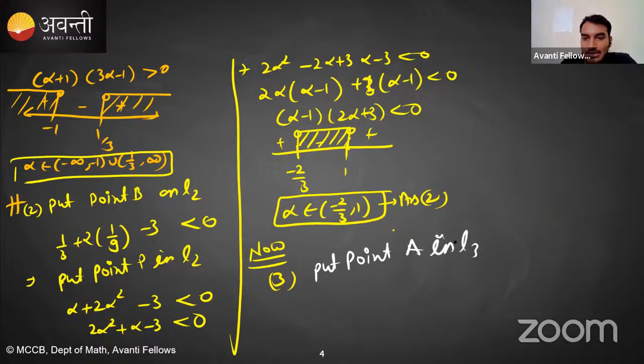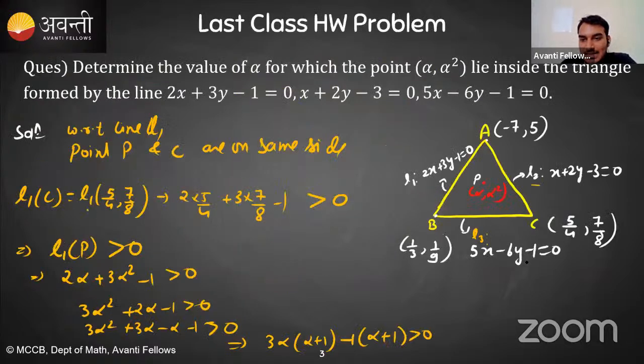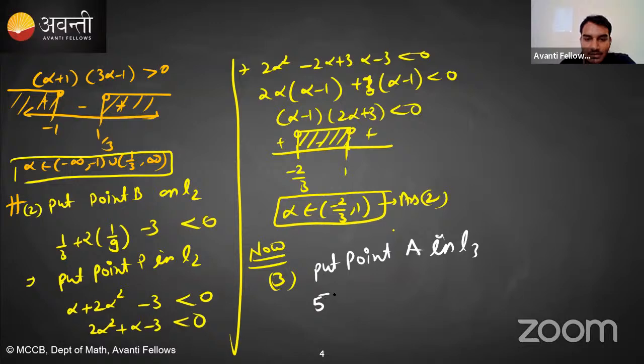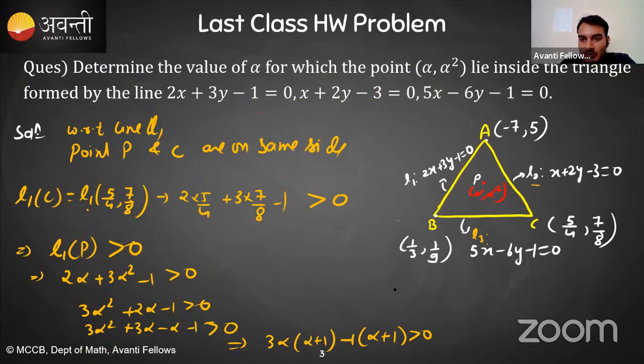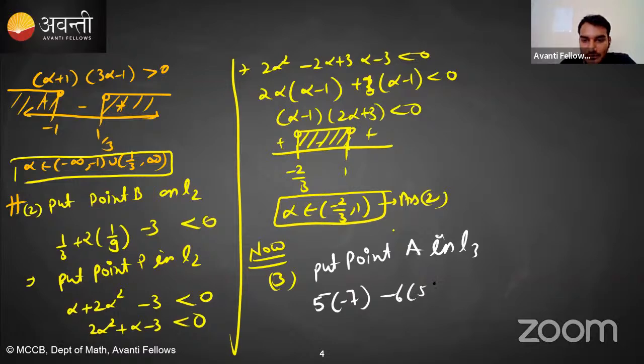What is L3? L3 is 5x minus 6y minus 1 equal to 0, and put minus 7 comma 5. So what you will get? 5 into minus 7 minus 6 into 5 minus 1. So again, what is this? Less than 0. So it implies on putting the point P on the line L3, you will get less than 0, right?